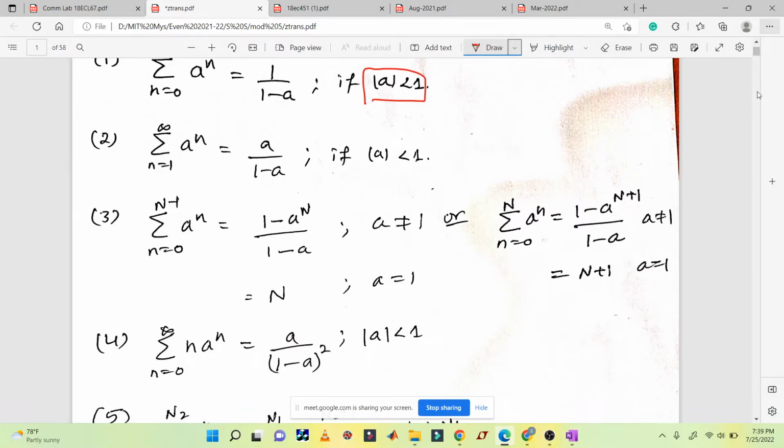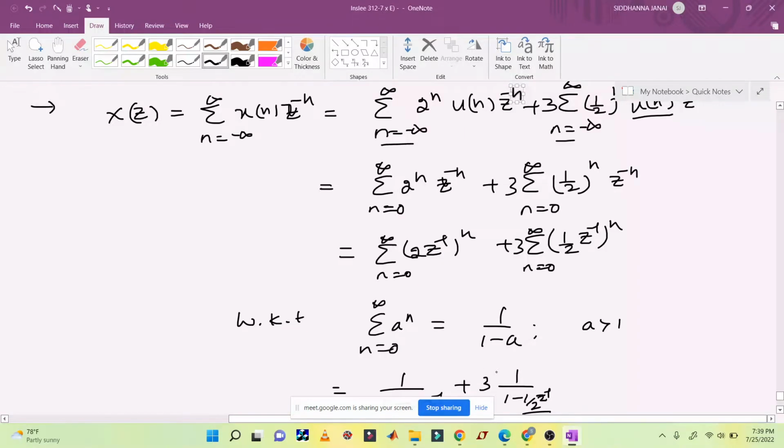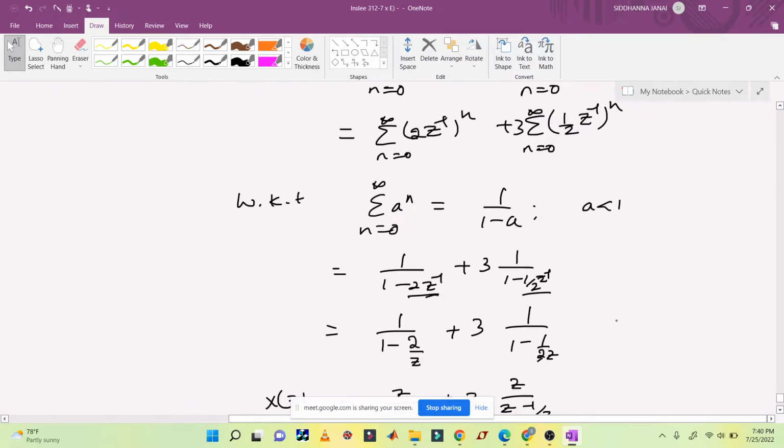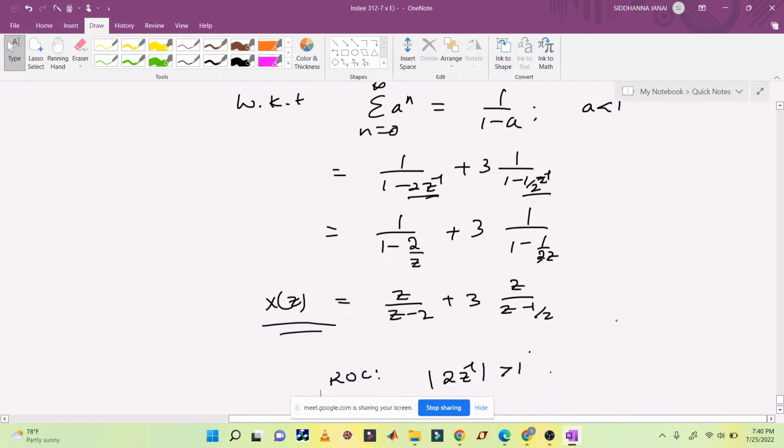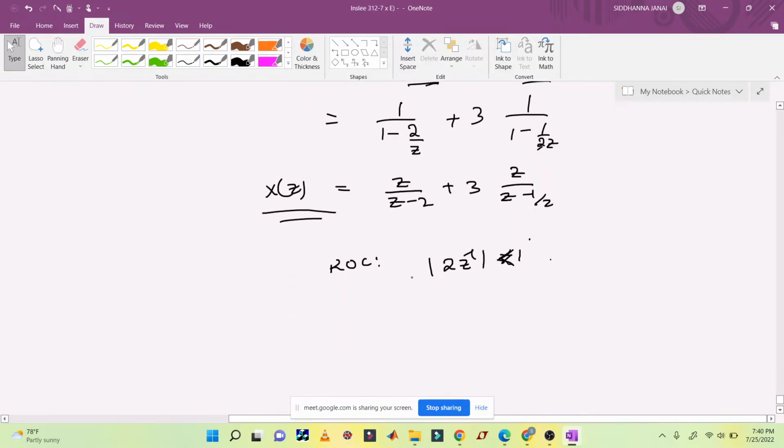Magnitude of a is less than 1, right? So because of that, we can say 2 to the power z inverse is less than 1. That means 2 by z is less than 1. This implies magnitude of z is greater than 2.